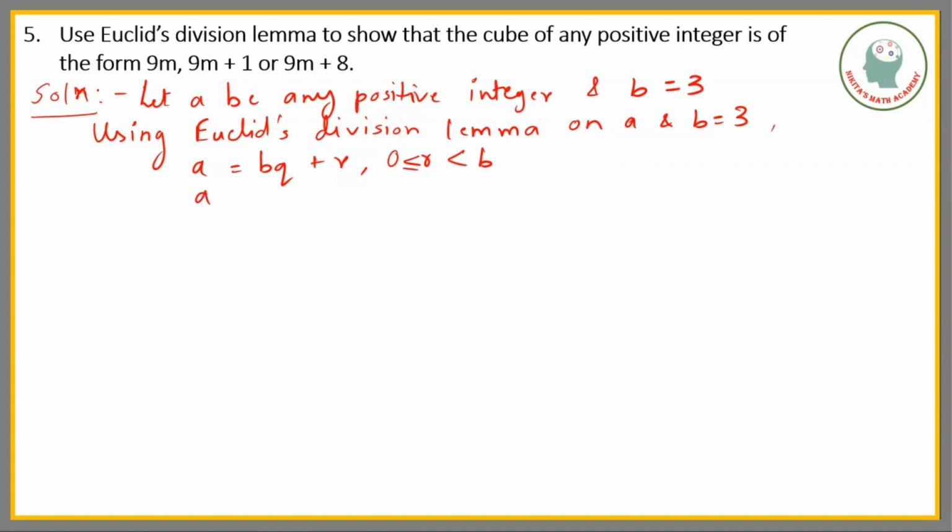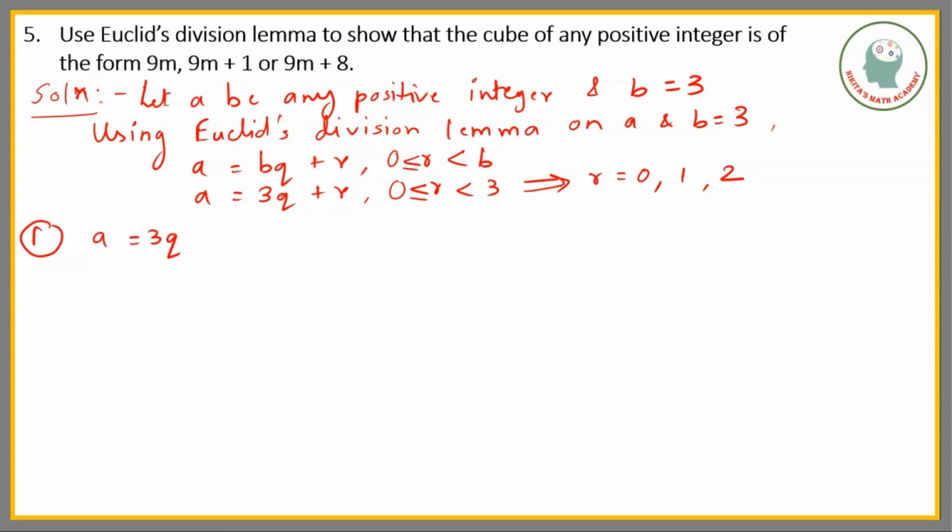But since b is 3, it will be 3q plus r, where r is greater than or equal to 0 and less than 3. Again, this gives us three cases: when r equals 0, 1, and 2. So we will use the same method, students, as I told you earlier. First case, when r equals 0, we have a equals to 3q.